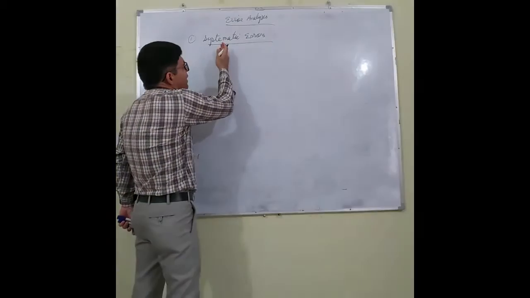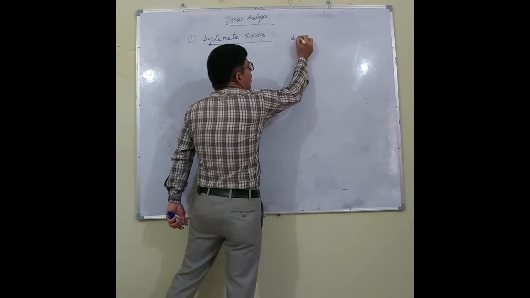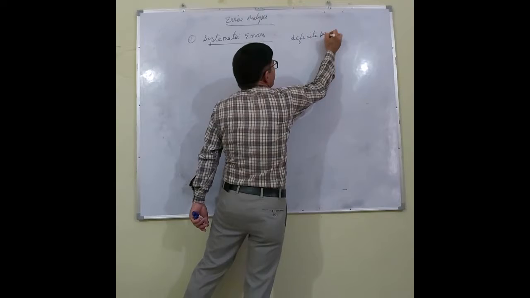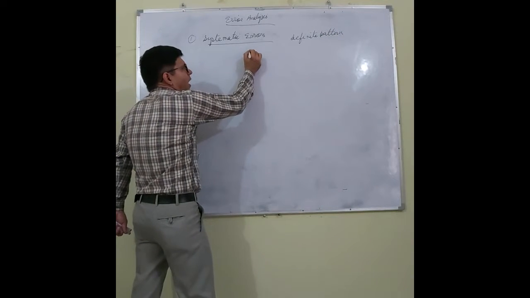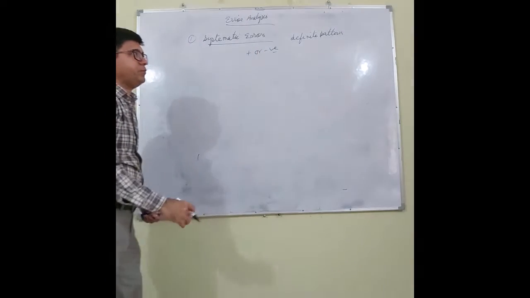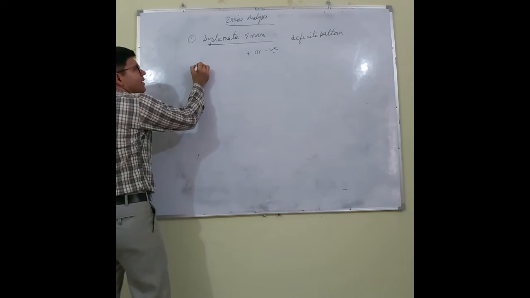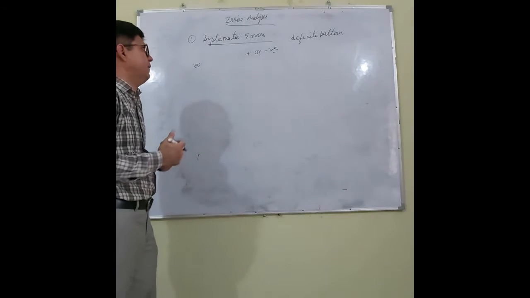These errors, as the name indicates, follow a definite pattern. These errors are positive or negative. Now, why do these errors arise, and what are their causes?